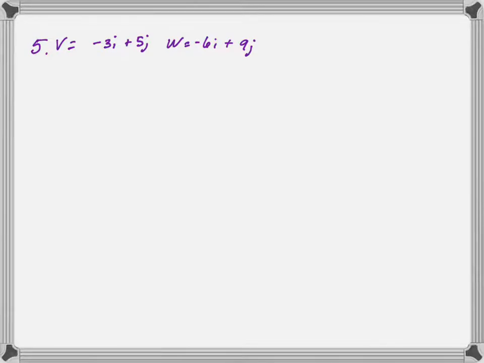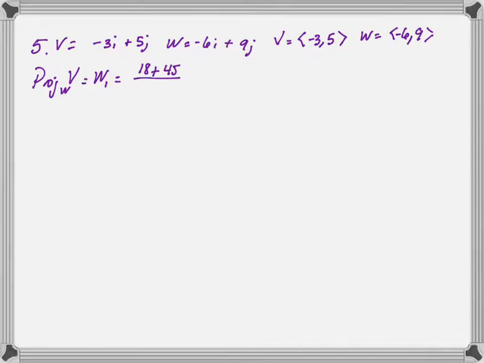With number 5, we need it in component form, so let's rewrite v. v would equal (-3, 5), and w would equal (-6, 9). So we want the projection of v onto w, which we're going to call w1, and that's equal to the dot product of v and w, so that would be 18 plus 45, over the magnitude of w squared, which would be 36 plus 81, times w.